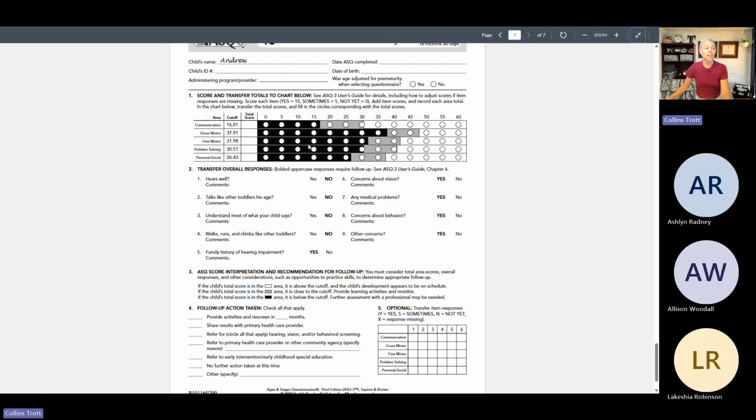So after filling that in, tell me which of the areas the child is proficient at. So they don't need any follow-up, no more monitoring. That's going to be anything that's in the white area. So what are the 2 areas that these children are okay in?